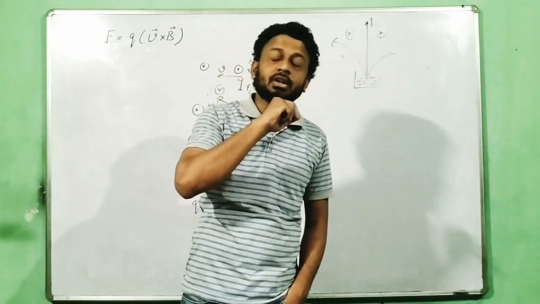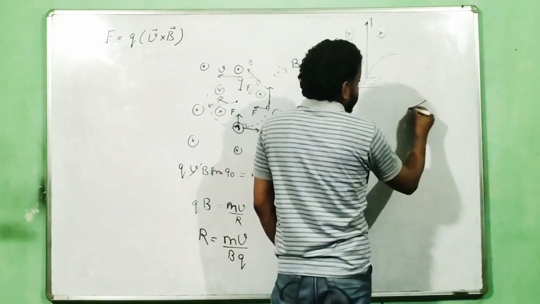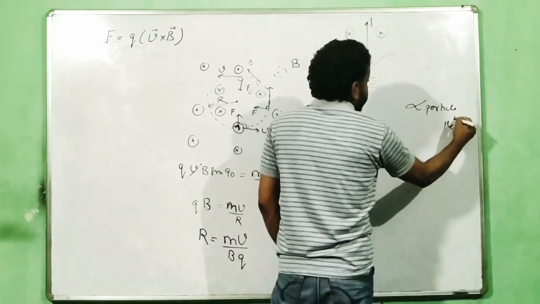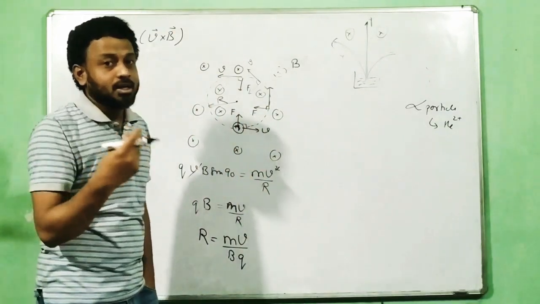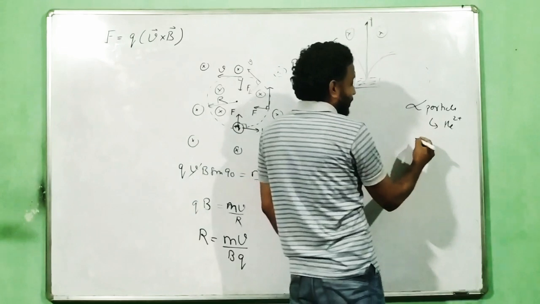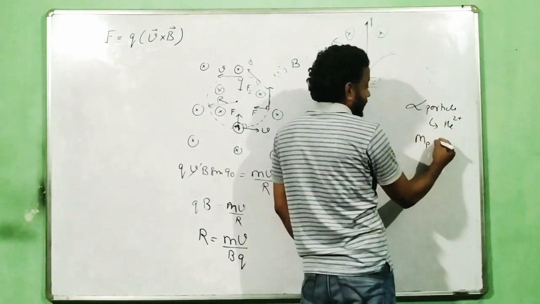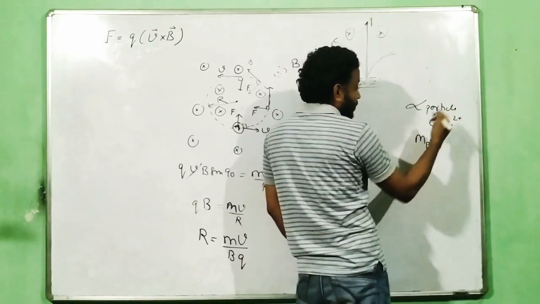Again, one thing they will ask is what is an alpha particle. Alpha particle is a helium nucleus, that is helium 2 plus. So it is much more massive and has twice the charge of a proton. If I consider the mass of proton as mp, then what is the mass of helium?